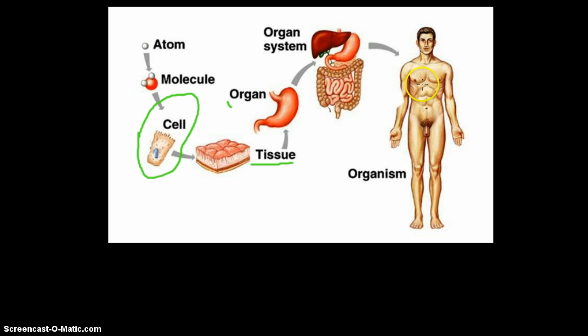The digestive system, the lymphatic system, the cardiovascular system, the urinary system, all of those systems become the organism. So today, we're going to focus mainly on the cellular component, right over here.